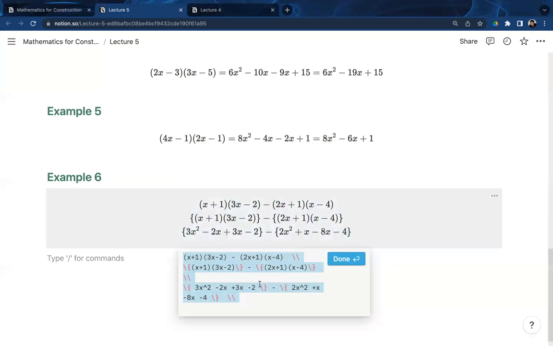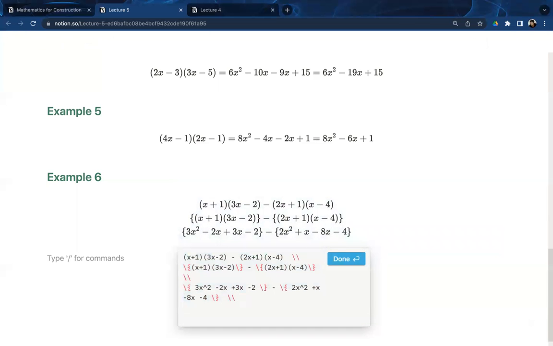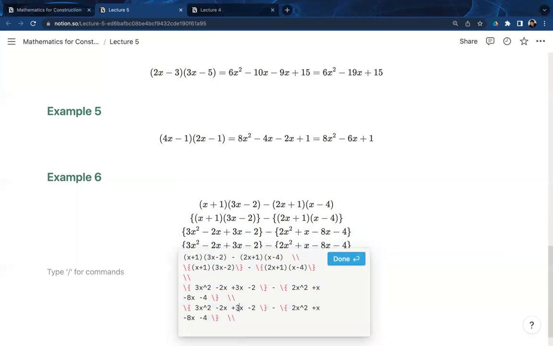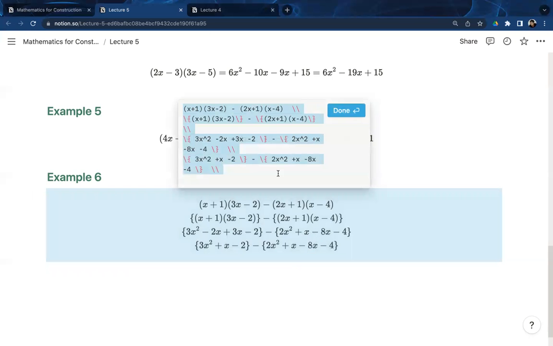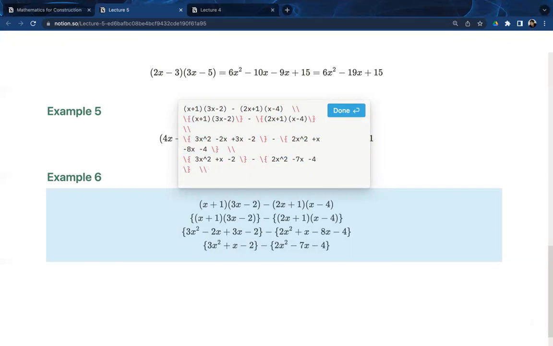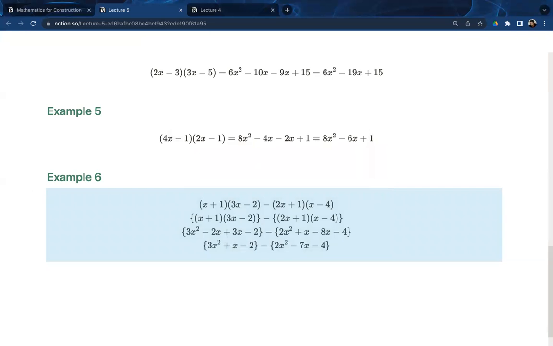Right. Now we just write the question again and simplify it. Minus 2 plus 3 is 1. So there's a 1 here. And 1 minus 8 is negative 7. Okay.